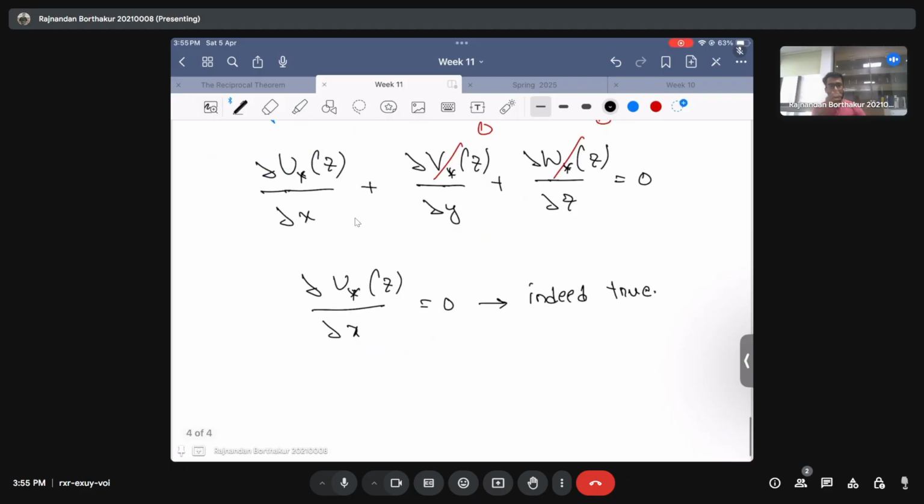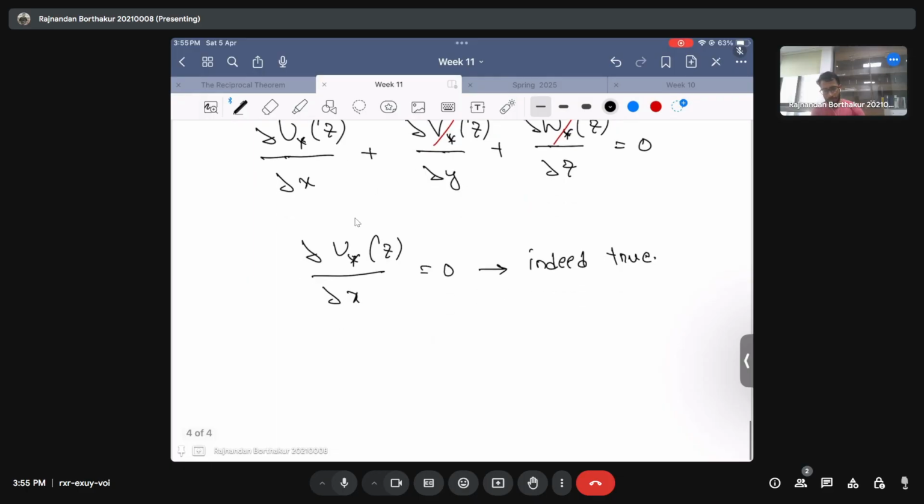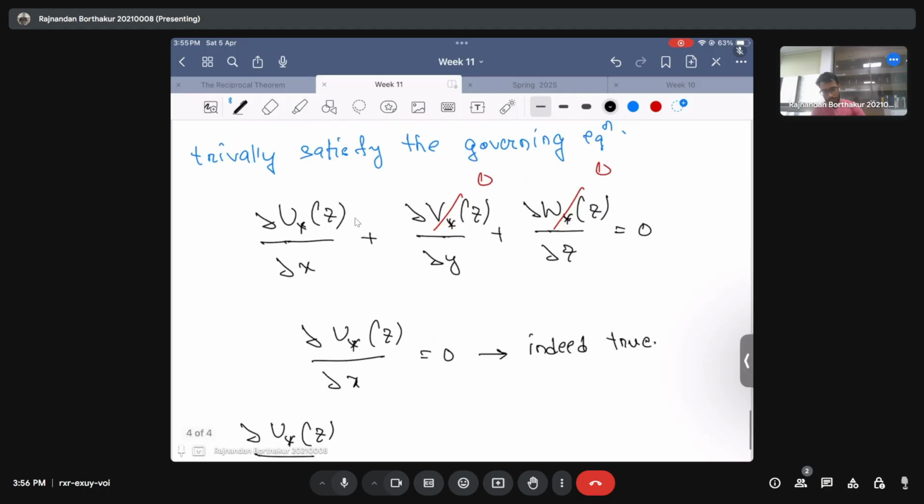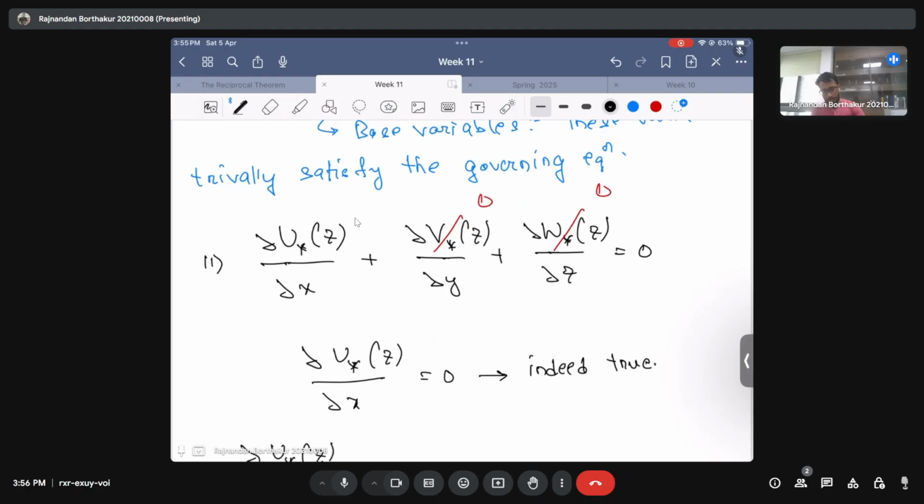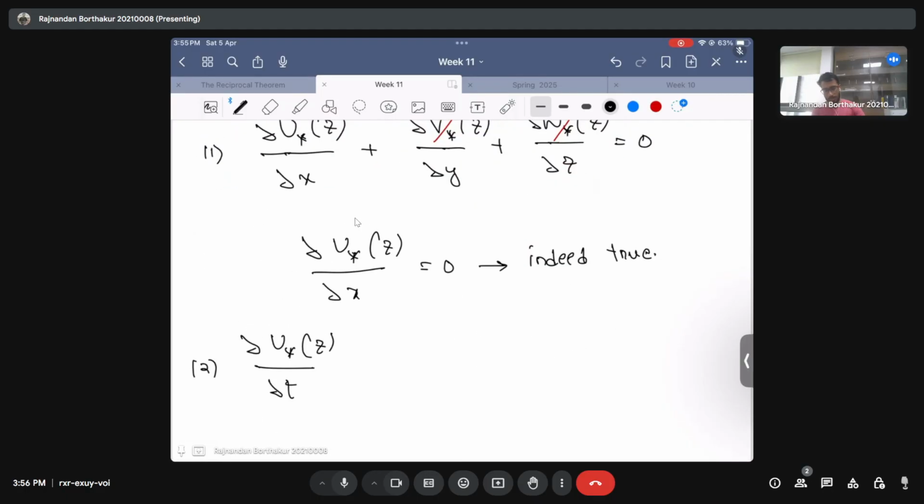Now the second equation, which is the Euler's equation, if we write it down, what do we get? We get del u star z by del t. So this is the continuity equation that we are writing, and this is the Euler's equation. We are writing this in the x direction because we only have the x directional velocity component of the base velocity.